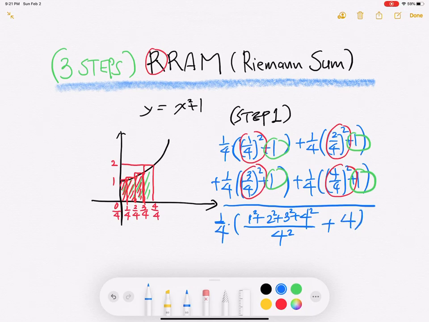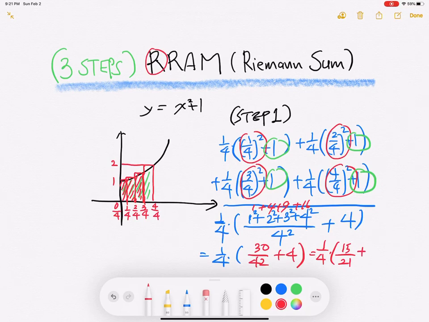If we calculate this, it's 1/4 times (1 plus 4 plus 9 plus 16, which is 30, over 4 squared, plus 4).